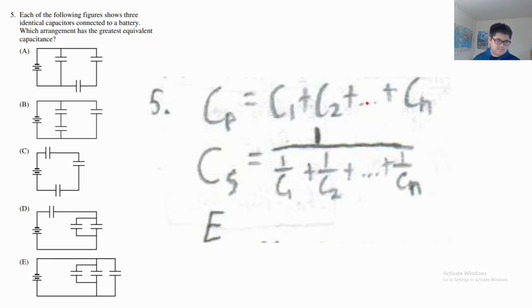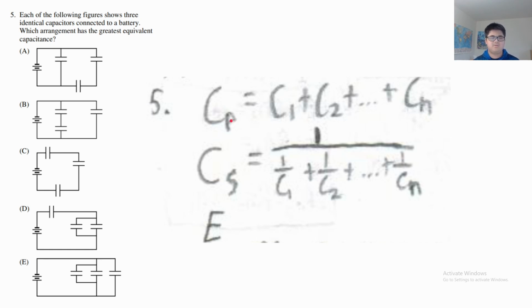And I just realized what I said could be misinterpreted. In the context of this problem, C sub P means equivalent capacitance for parallel capacitors.